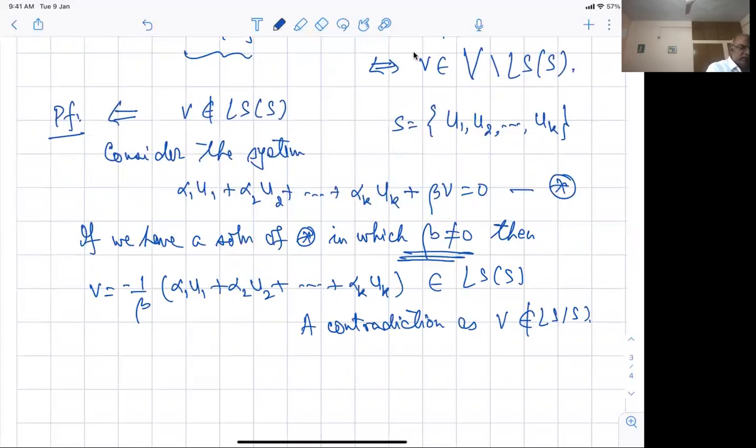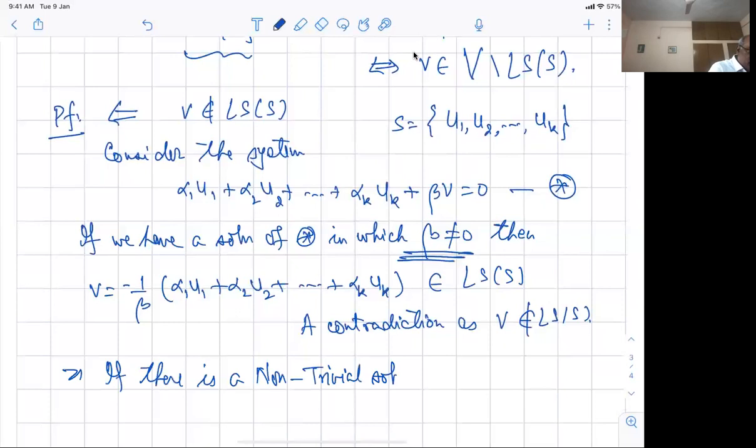So if I have a non-trivial solution of star, then beta has to be 0.